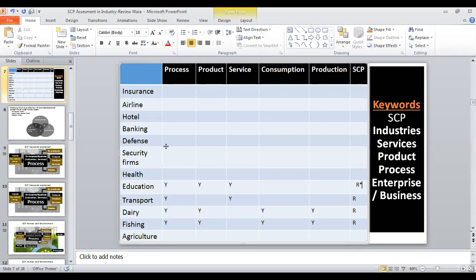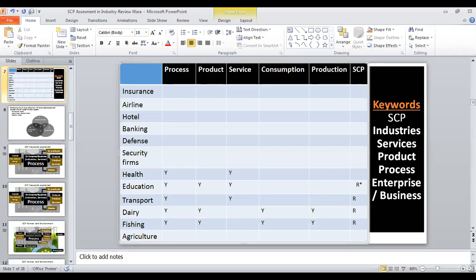Health. For a business enterprise, the processes somehow you have to run with systems and all. Of course, it's a service.